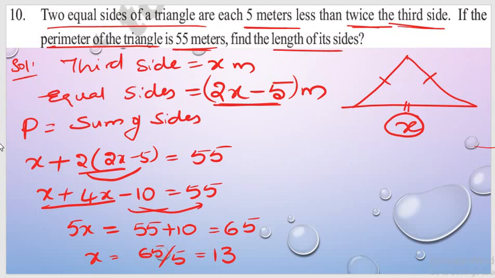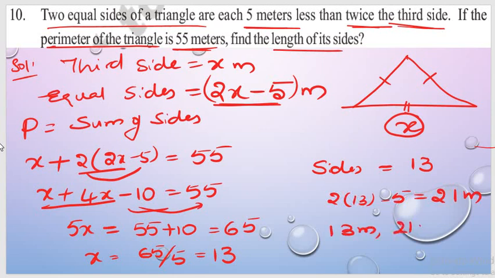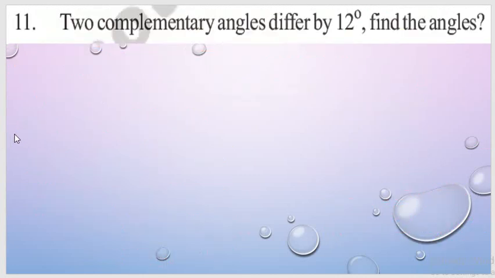So from this, what I can say, the lengths of the sides are, one is 13 and the equal sides are 2 into 13 minus 5, which is nothing but 21 meters. So that means the sides are 13 meters, 21 meters and 21 meters. So these are nothing but the sides of the given triangle. Right. Next, moving on to the next question.